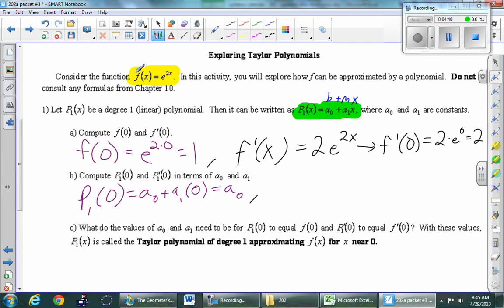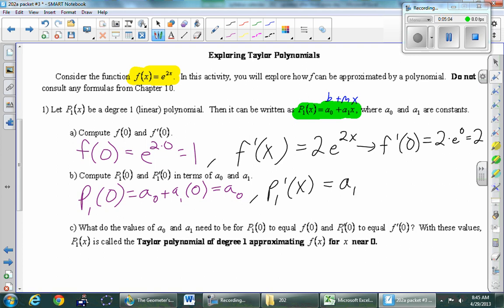The next thing we're asked to find is p sub 1 prime of 0. What do we first need to find? p sub 1 prime of x, right? We've got to do it in general, and then we'll plug in 0. And again, p sub 1 is highlighted in green. What's the derivative of that linear function?